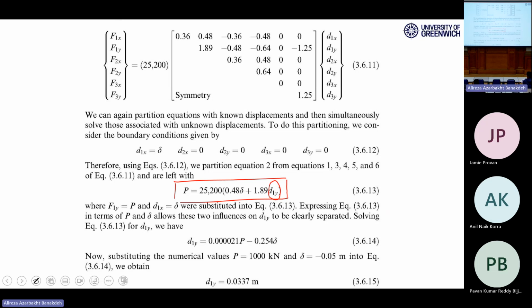Can you calculate this part and compare it to 1,000? I know this is 1,000 kilonewton. What is this part? 25,200 multiplied by 0.48 multiplied by 50 millimeter. But you need to transfer the 50 millimeter to meter, right? I want to compare this to 1,000. How does it work? Please calculate.